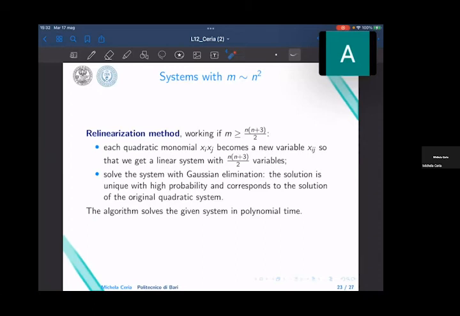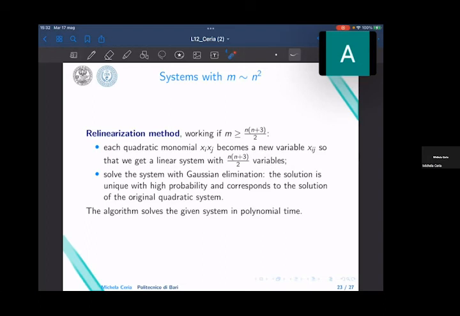We will deal with quadratic systems. From now on, the systems are quadratic. In the first case, the number of equations is more or less the square of the number of variables. In this case, you can use the relinearization method to solve the system in polynomial time.